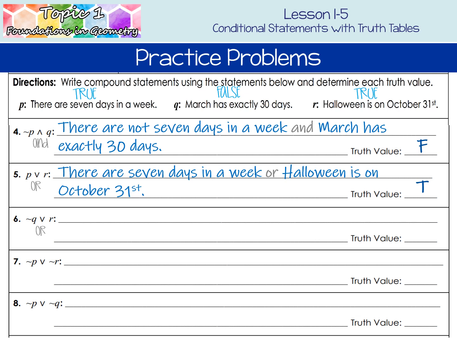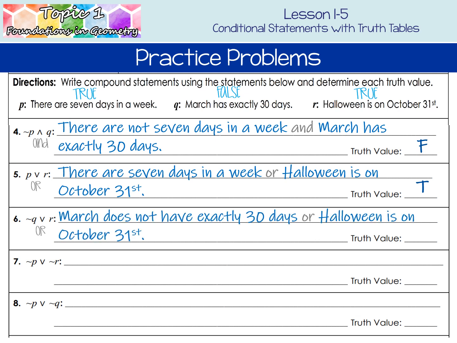It is or. So at least one of them needs to be true, and we are negating Q. So March does not have exactly 30 days. So that's actually going to turn that to a true. Or Halloween is on October 31st. So only one of them would need to be true. They're both true. The truth value is true.